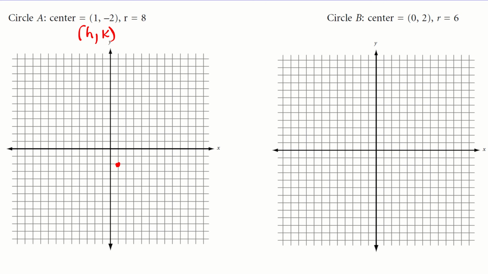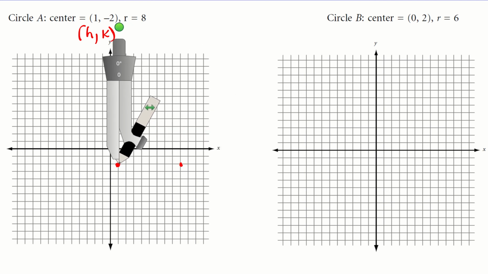The radius is 8, so all we do is count 8 units up, down, left, or right. It looks to be right about there. In order to create this circle, we need that compass. Pause the video and grab your compass if it's not available to you.